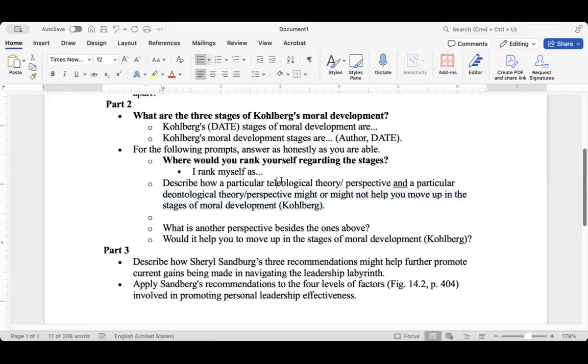So let's ask that question. What is a teleological theory, or what does teleology mean? So this could be loosely described as the way of understanding what everything means together.